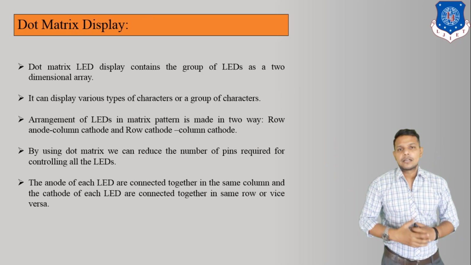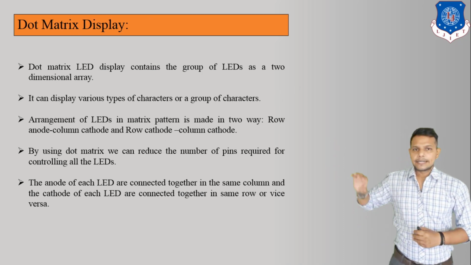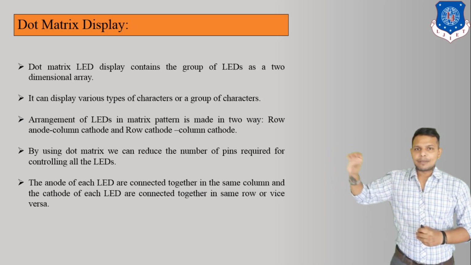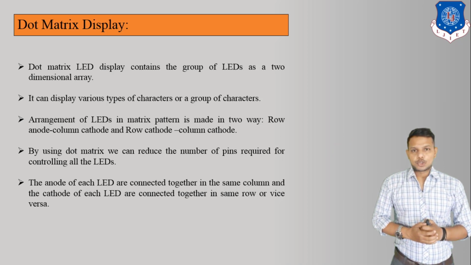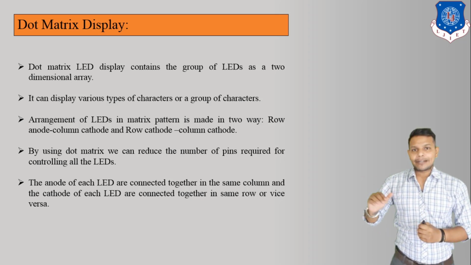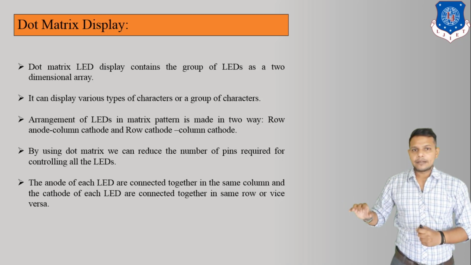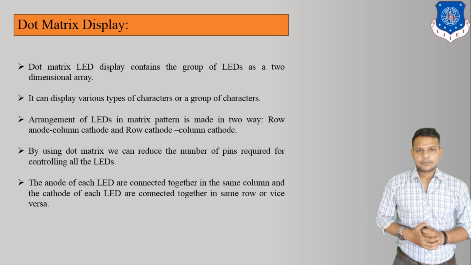Now the next topic is the dot matrix display. A dot matrix LED display contains a group of LEDs as a 2-dimensional array. There is a big problem in using a driver for each LED. Therefore, we use the dot matrix display in a sequential manner to display various types of characters or groups of characters.